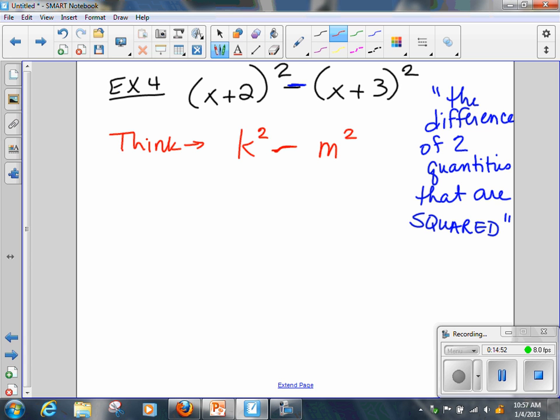Now if I change those quantities to just letters, then what is k squared minus m squared? That's just a difference of squares. And how would you factor that? Come on, y'all. How would you factor k squared minus m squared? k minus m and k plus m, right? Okay?